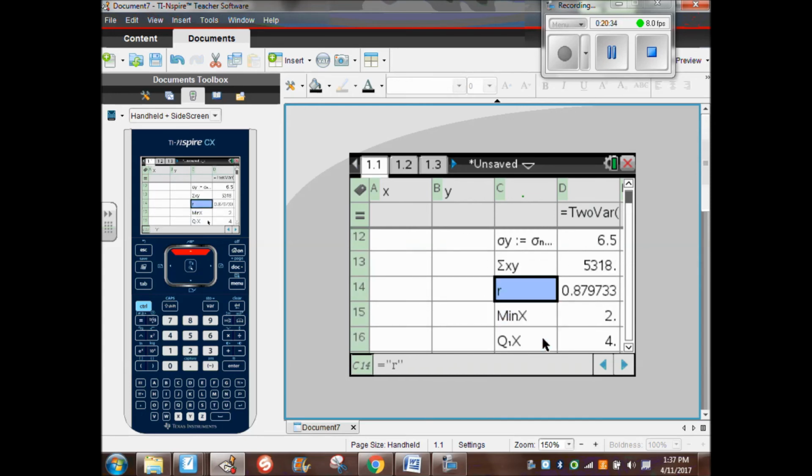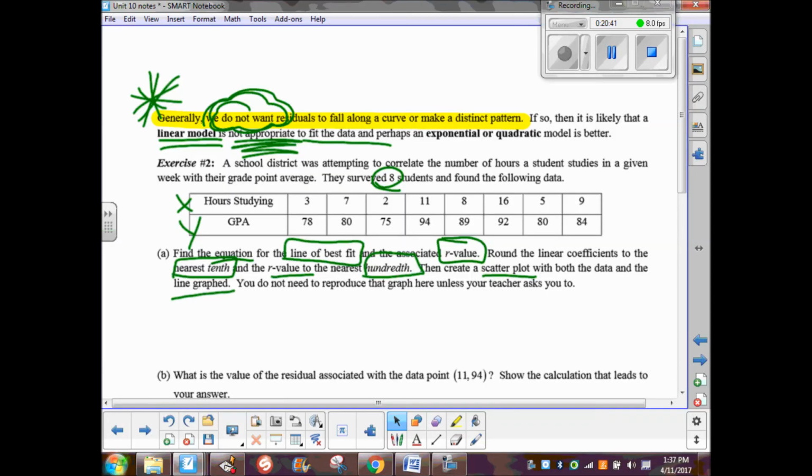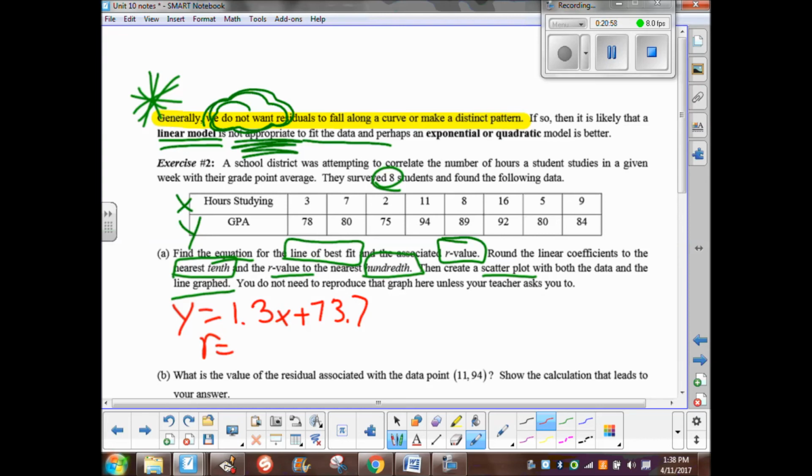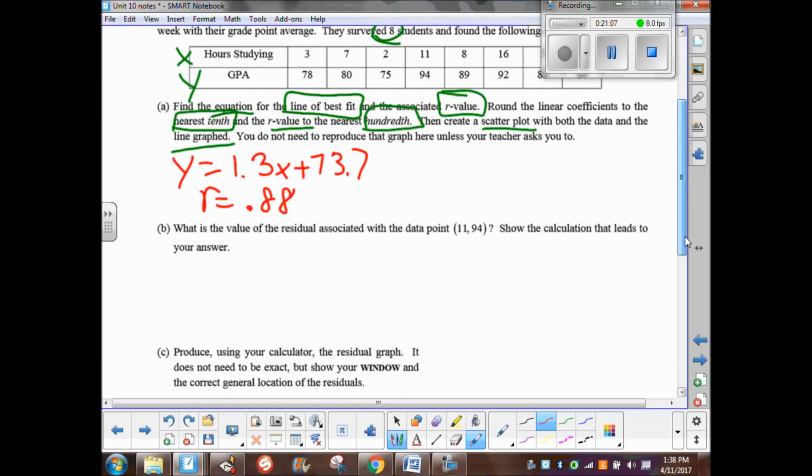So let's get that info down. So the equation, nearest tenth, right? Was 73.7. Am I good with that? Yes? Okay. And R value nearest hundredth, 0.88. So we've got our information down. Okay. Now let's do something with it.